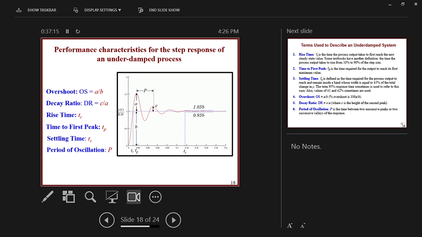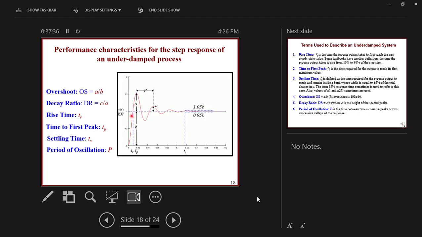We will take the underdamped case where zeta is between 0 and 1. So as you see, this red line represents the general form of a second order process.